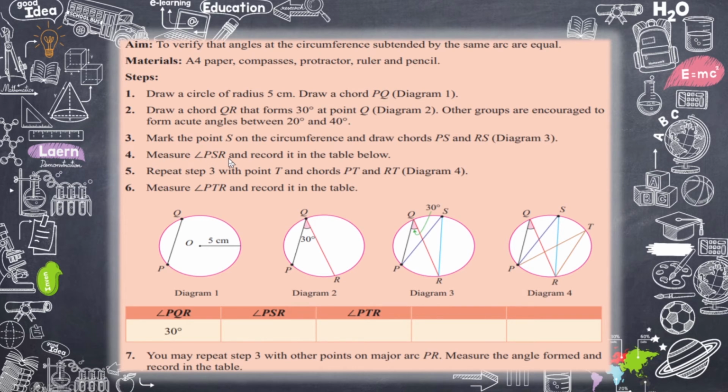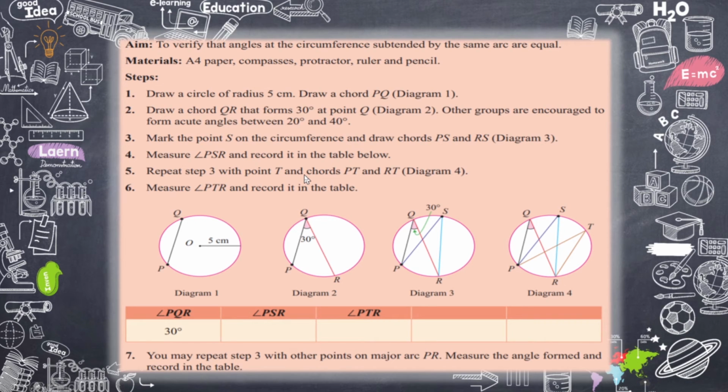Measure angle PSR and record it in the table below. So after you draw the chord and you measure the angle, whether it's same 30 degree from angle PQR, just record it here on this table. Then we move to step 5.